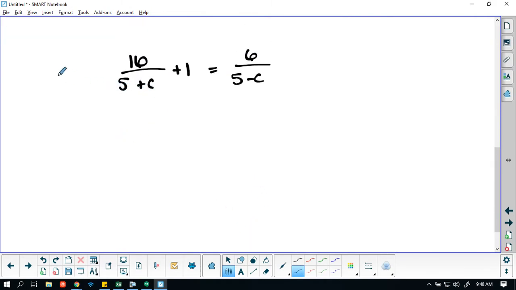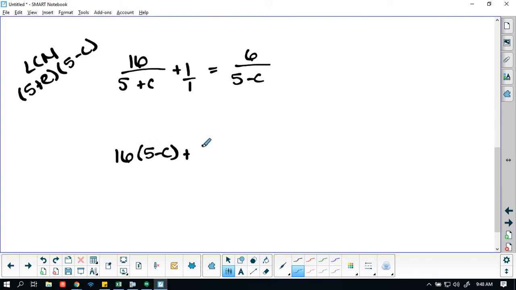All right, looking at this, my least common multiple is going to be 5 plus c times 5 minus c. And we have no other factor in there that's not like these two. So here I'm going to look at 16 times 5 minus c, plus 5 plus c times 5 minus c, because again, 1 times this will be that, equals 6 times 5 plus c.